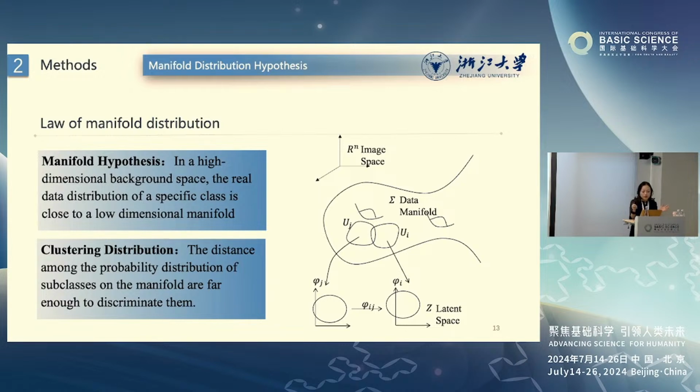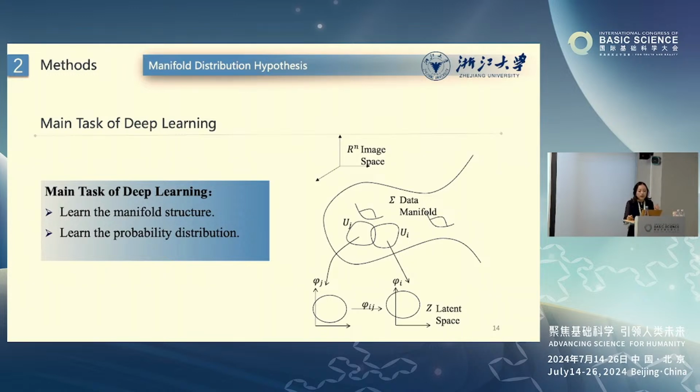The distributions on this manifold, so the distance among the distributed subclass on the manifold describes how weights on this manifold. Understanding, we can see like the can be the structure, the probability distribution the manifold.